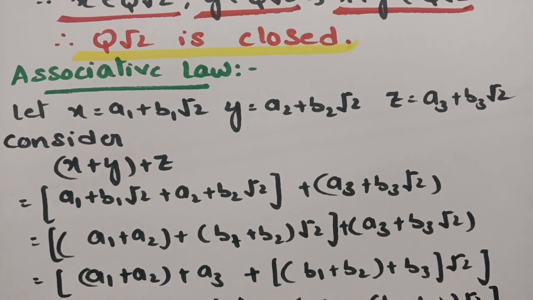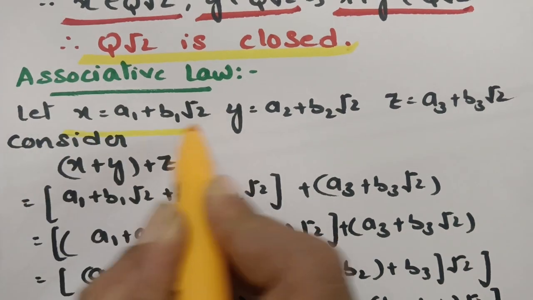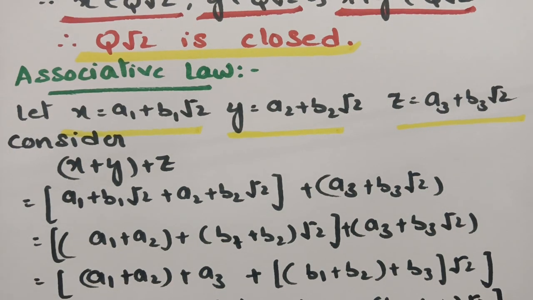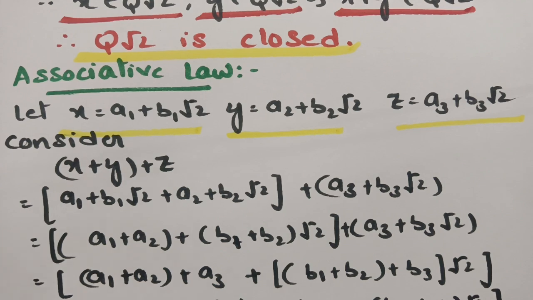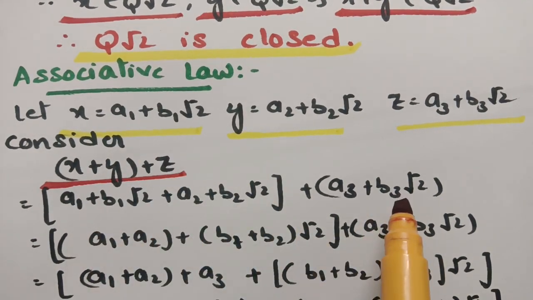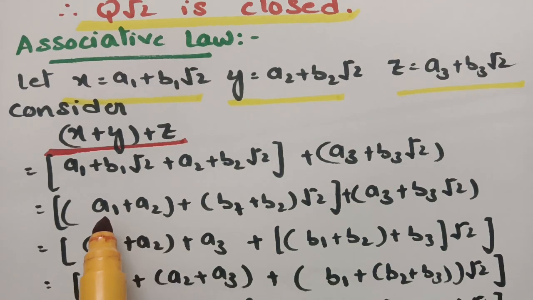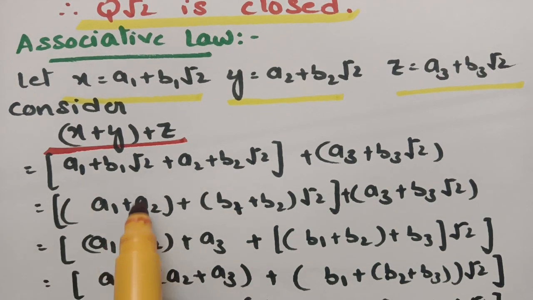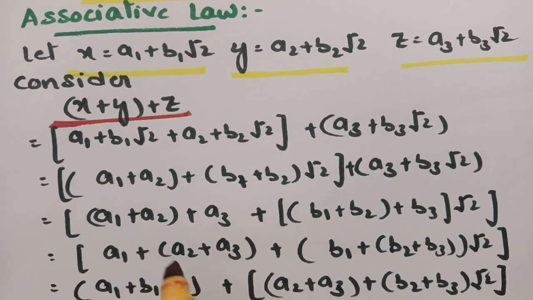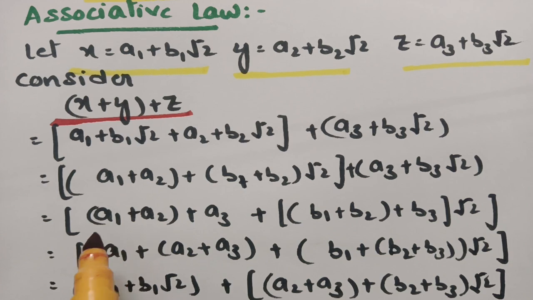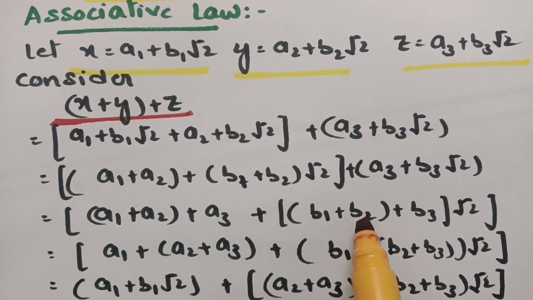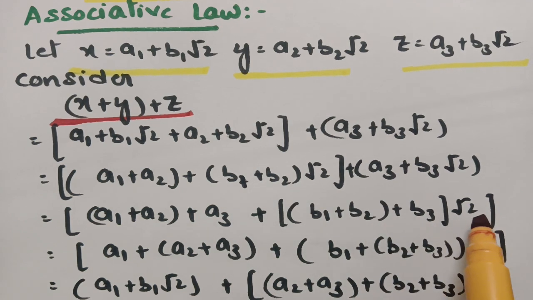And the next one, we have to prove the associative law. For the associative law, we have to consider 3 elements, that is X, Y, and Z. After considering X and Y, now I have considered X plus Y plus Z. See here, I have added these two, and next Z I have added. So after addition, A1 plus A2, and next B1 plus B2 into root 2. If I bring this A3 also, this will be of the form A1 plus A2 plus A3, and here also B1 plus B2 plus B3 into root 2.